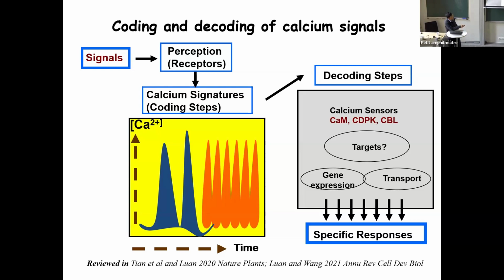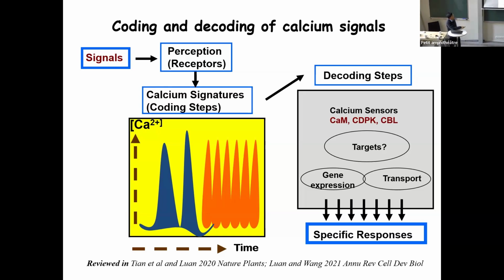That often starts with the calcium sensors that bind calcium and then change their own conformation and activate downstream players involved in gene expression, for example, and transport processes. And then the whole cell will calculate all these changes and give a specific output. We call it a specific response. So from specific signals to specific response entails coding and decoding of calcium signals, right?